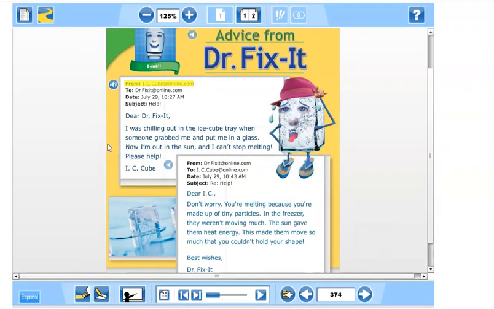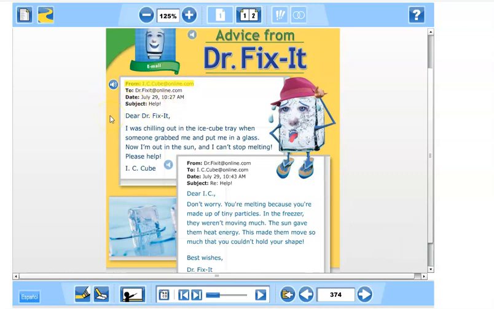All right, so we're going to start reading up at the top, and it says from icube@online.com to Dr. Fixit@online.com. The date, once we already stated, was July 29th, 10:27 a.m., and the subject is help. So he has a problem.